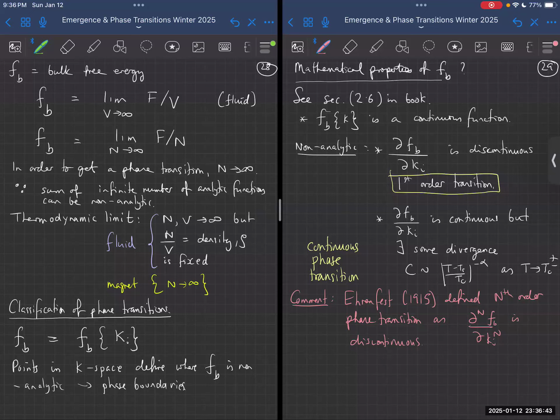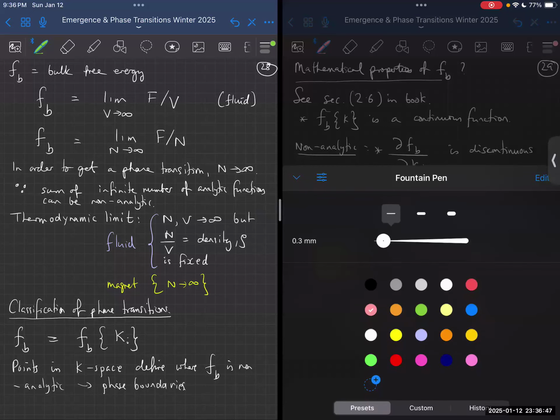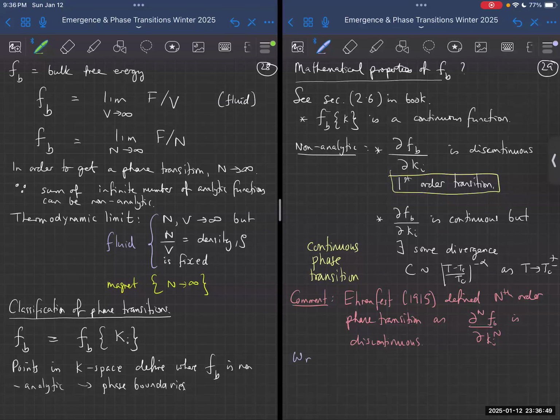This was wrong, because you can have other singularities like divergences, for example.